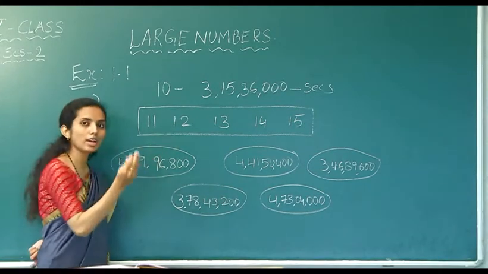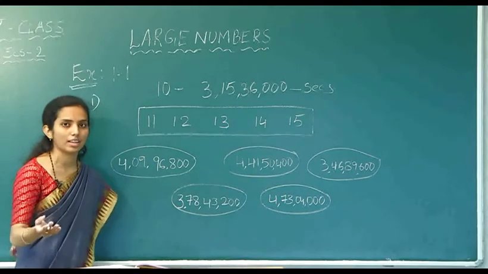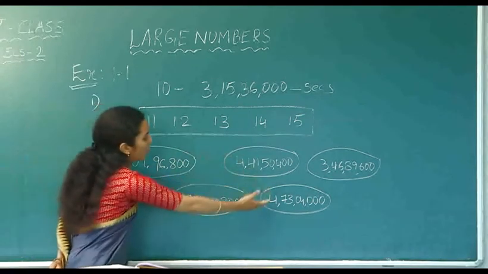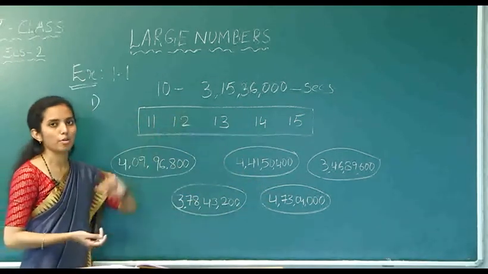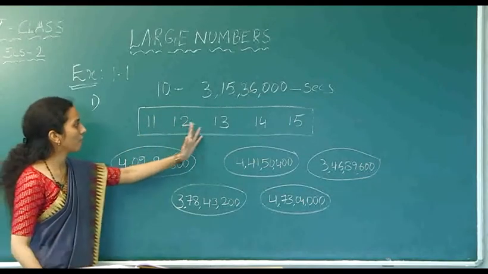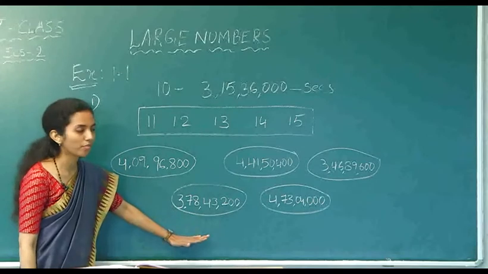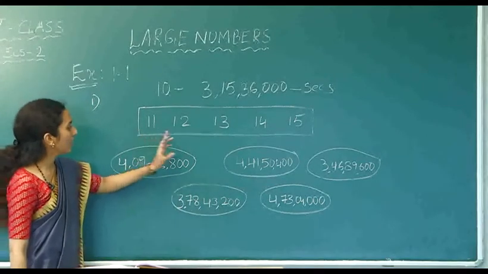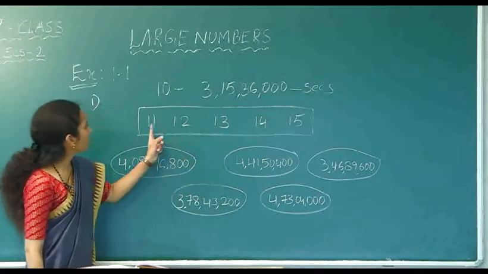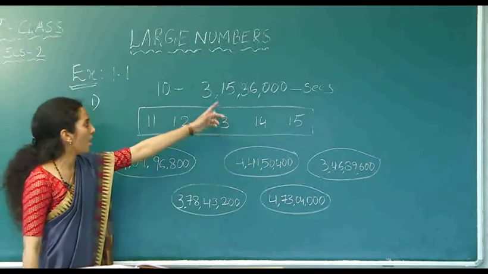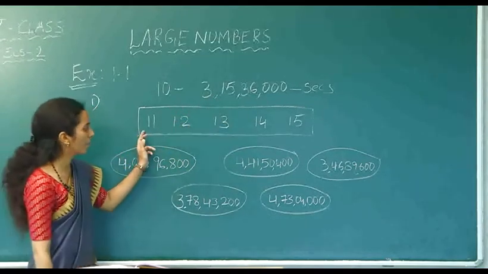It will be more than 3 crores 15 lakhs. So here every number is bigger than this number, but we also have children who are of more age. That means what we have to find? We have to find the next immediate number after this number.